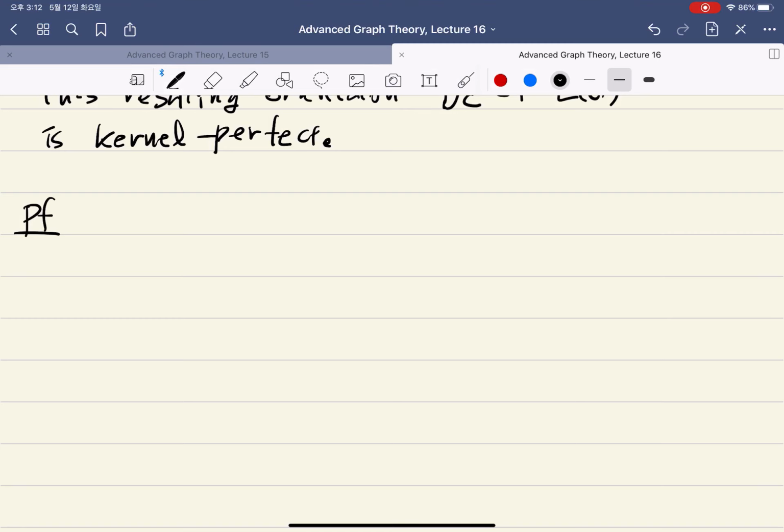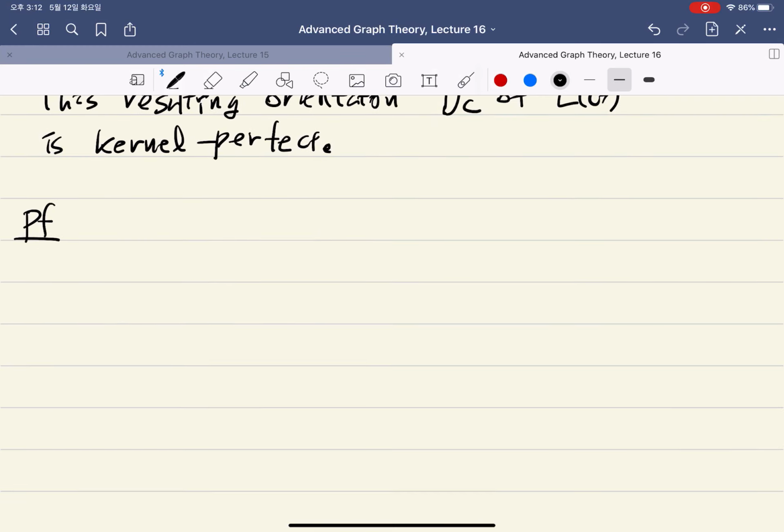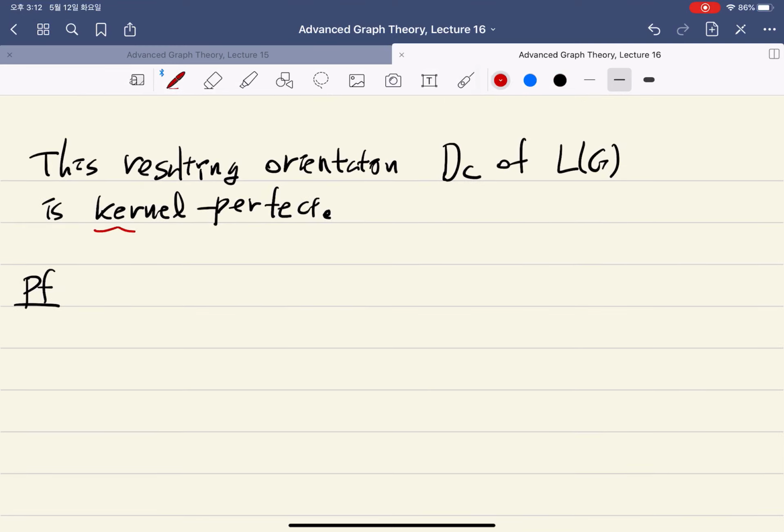So let's prove this. Again, we want to use induction. Okay, before using induction, let's first note that to prove something is kernel perfect, we want to show that every induced subgraph has a kernel.